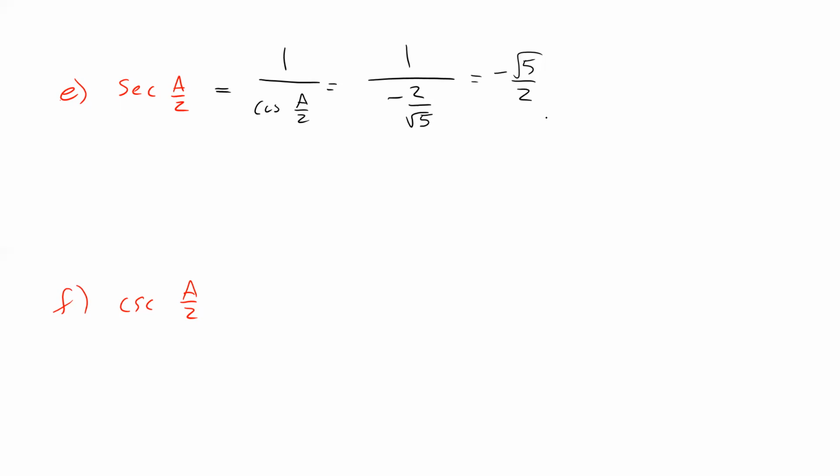Now, if you want to make it more difficult on yourself, said by no student ever, you could use the other answer that we got. That was the rationalized answer. And if you do that, then you have yourself some work on your hands. So we're going to take the reciprocal, and we have that. And then at this point, you do want to rationalize your denominator because you're going to have some more simplification on your hands.